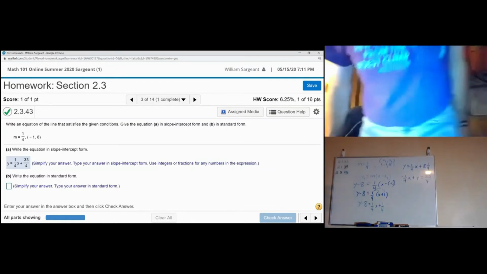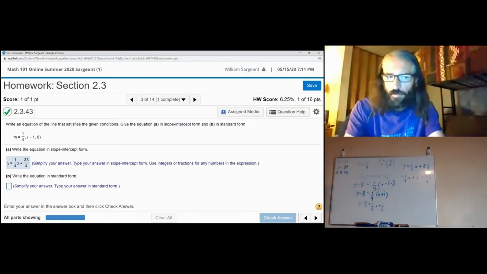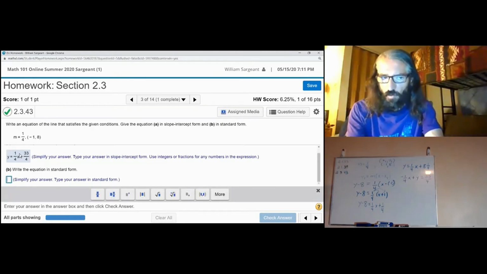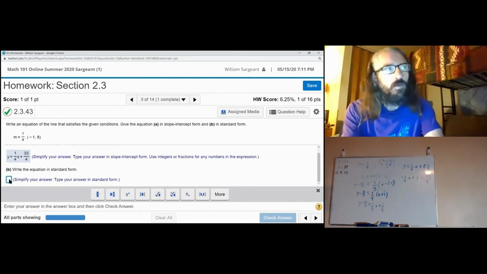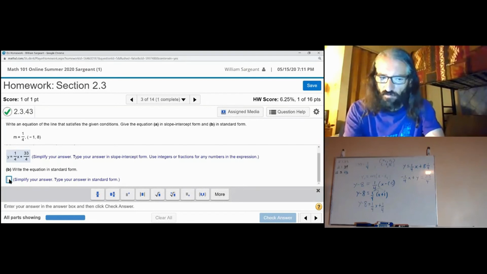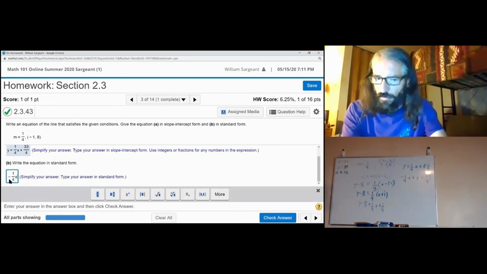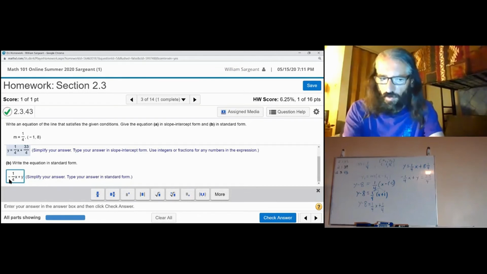See what happens now. Remember the slope-intercept form in the previous one: y is isolated, y equals mx plus b. In standard form, we have to have the x and y terms on one side and the constant term on the other side.